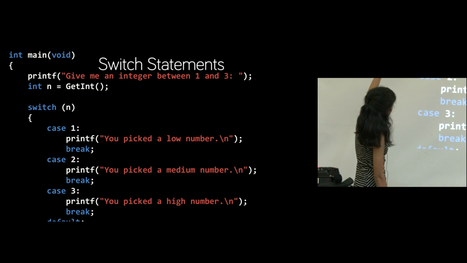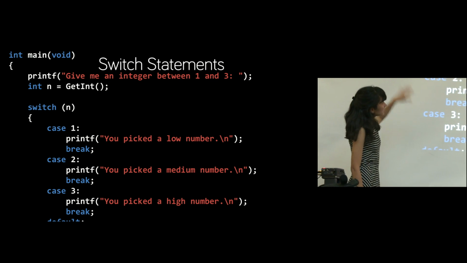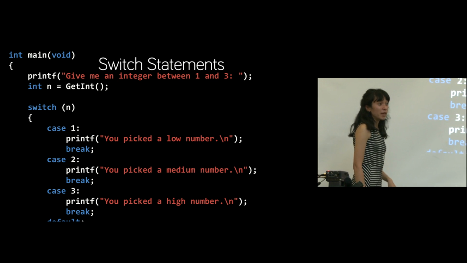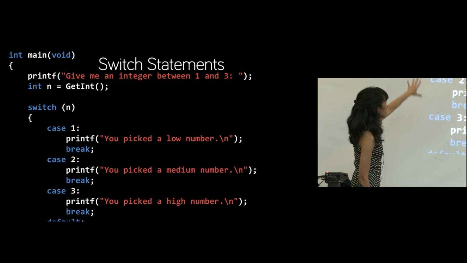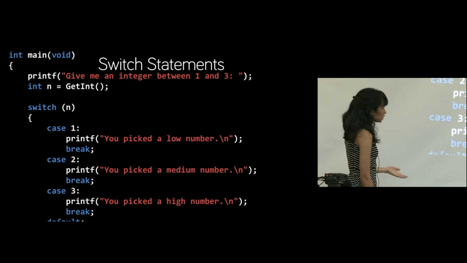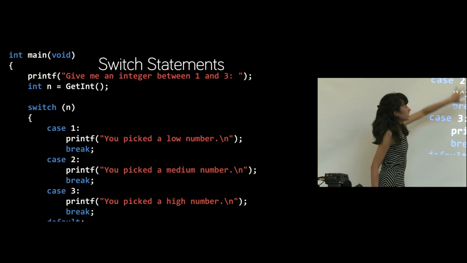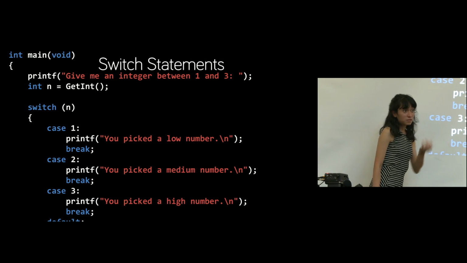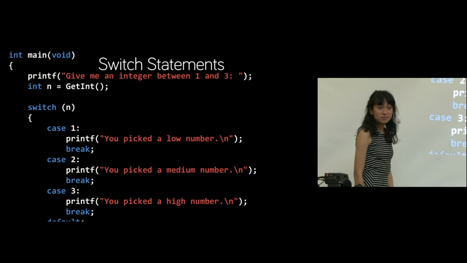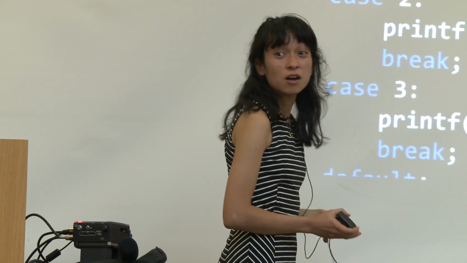So this is just another syntax. We could have implemented this exact same thing with if and else if statements, but when there are lots of different conditions and lots of different variations on what you want to do for each input, this is an option. So it's just a good syntax to know.